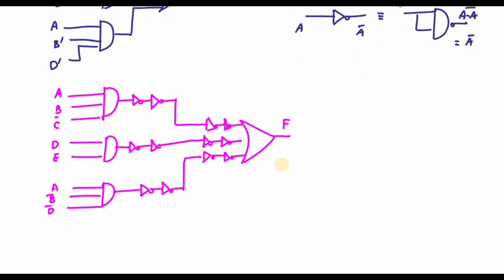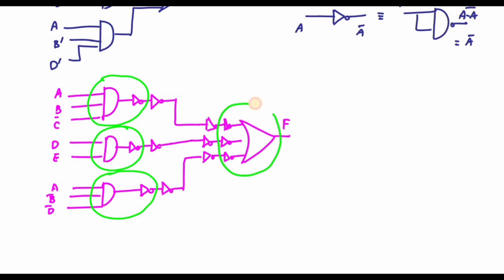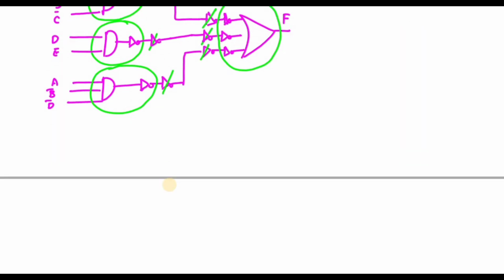Now we can see this is called a NAND gate, and this is also a NAND gate. This is also a NAND gate, and this is also a NAND gate, right? So I can cancel these two NOT gates because it is a straight line. Now I can replace it like this.